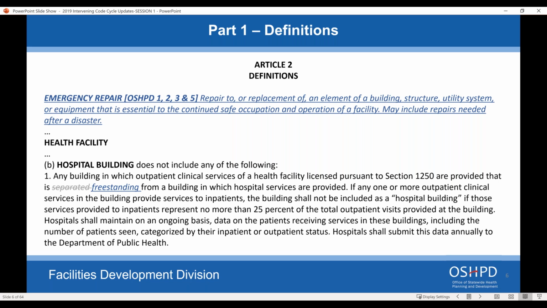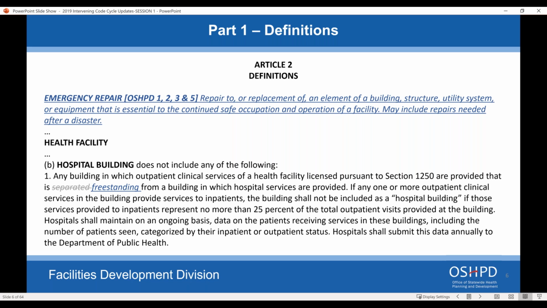This is going to be used when, if there is something that you consider an emergency repair, you would contact the regional compliance officer or RCO or the compliance officer and let them know you have an emergency repair, and they can authorize that to be done. We also added, trying to clarify the definition for a hospital building, if it's freestanding.